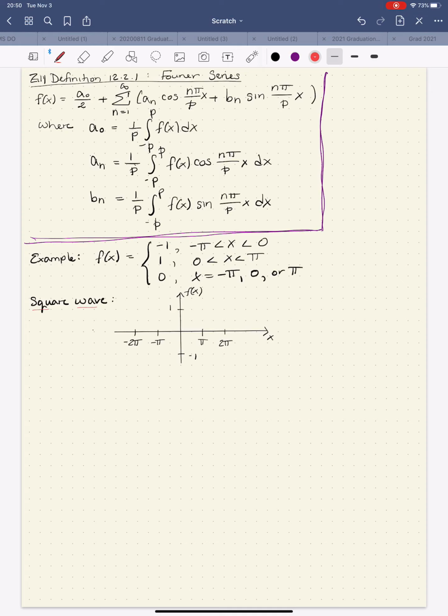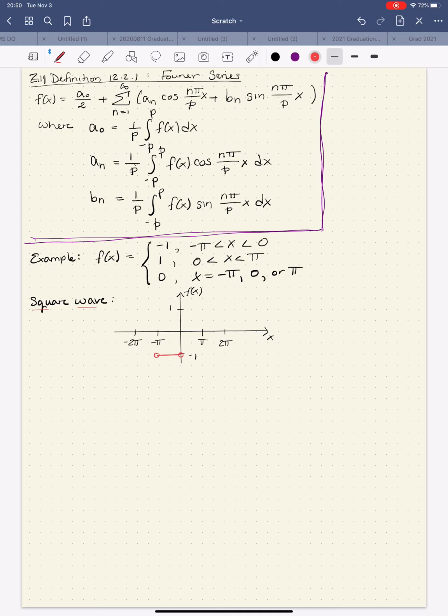So when x is between negative pi and 0, the function's equal to -1. And notice the open circles, which indicate that the function is not actually equal to -1 at those values.